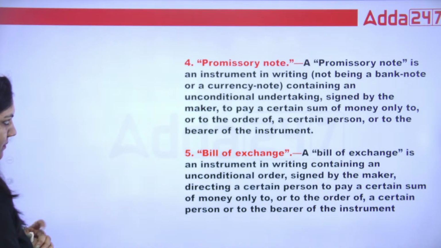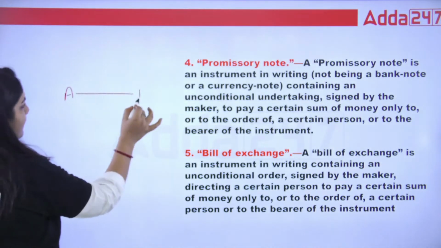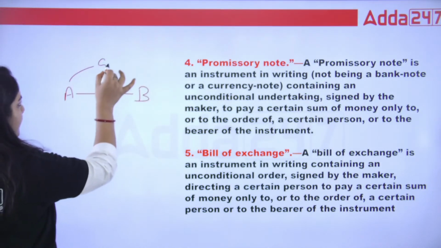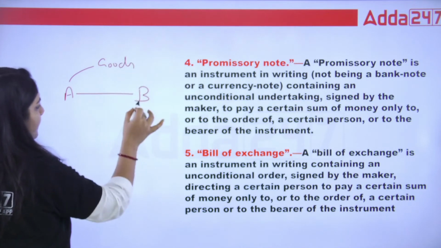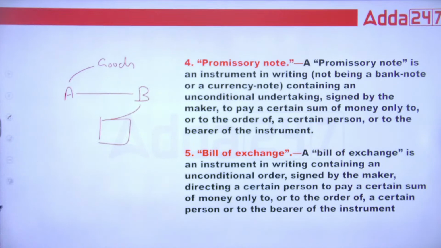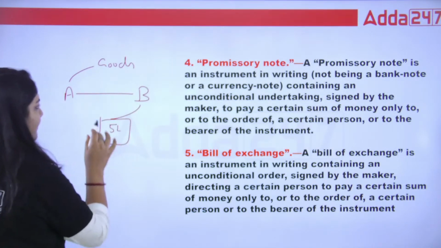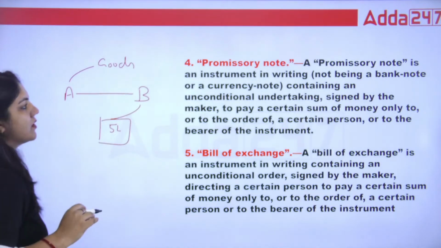Now, what is a promissory note? Section 4. A promissory note is basically, this is A, this is B. A is giving goods to B. B is making a document, registered and stamped, that he will give 5 lakh rupees after 1 month to person A. This is called a promissory note.